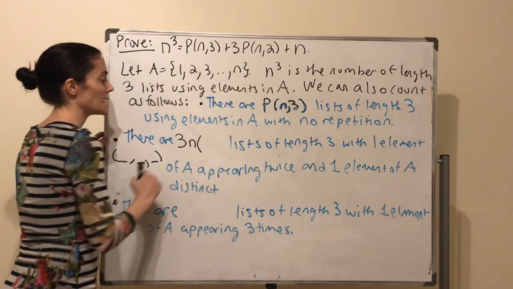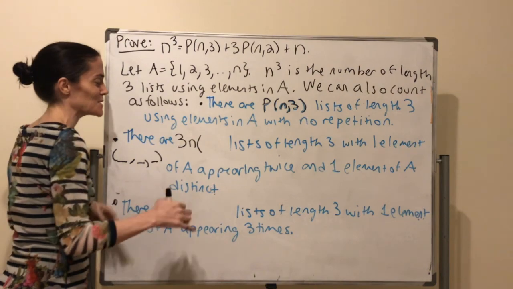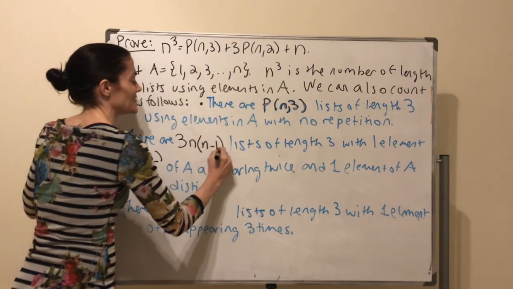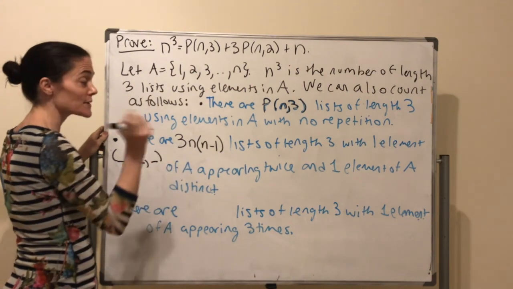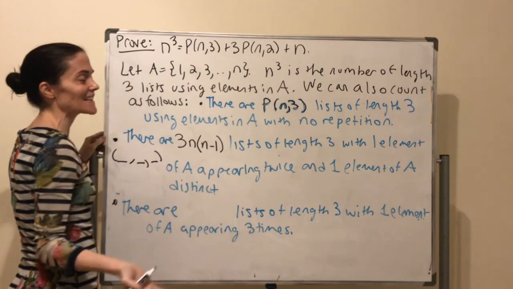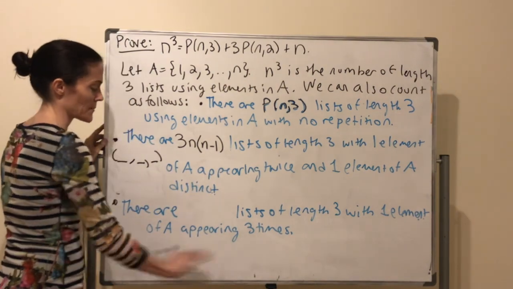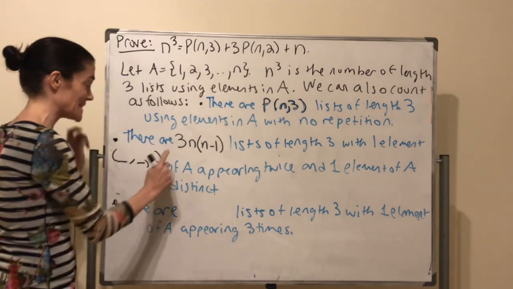And then I need an option for the repeated element, which I will put in the other 2 spots. Now, does this match? It looks a little different until you realize that n times n minus 1 is exactly P(n,2). And maybe when I write the final line, I will mention that.